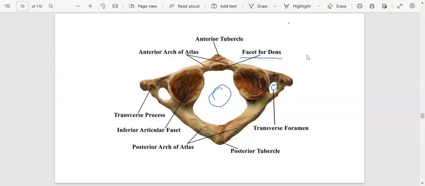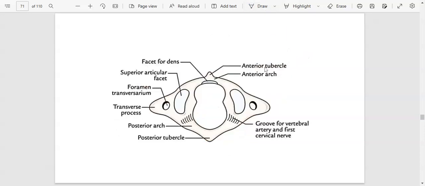You notice that it's going to be different from other bones. So we have got the facet for the dens, which is this one here. We also have the superior articular facet, this one here. Superior means up, so that is the one which articulates with the upper part.